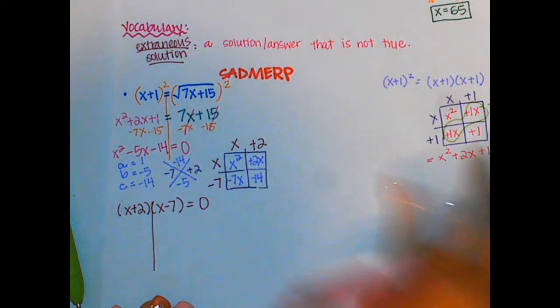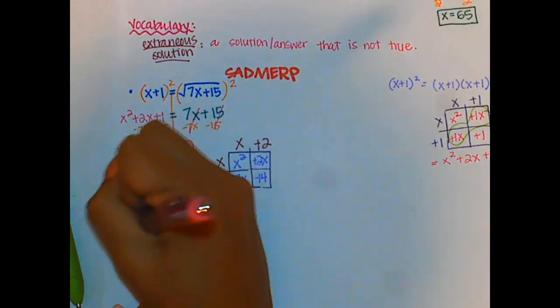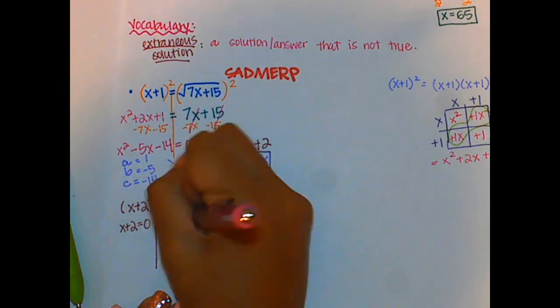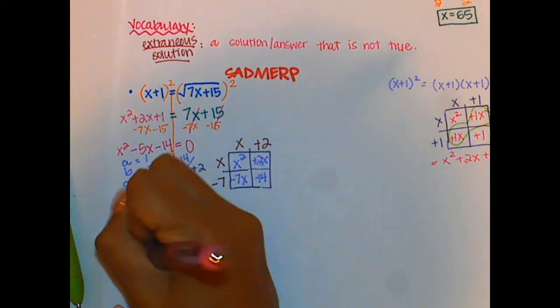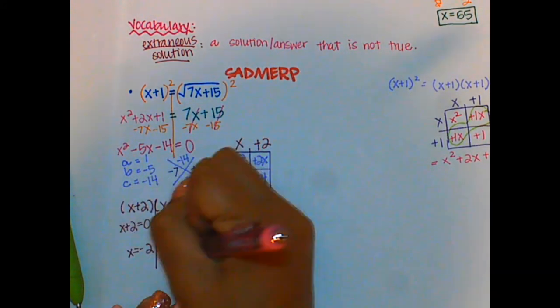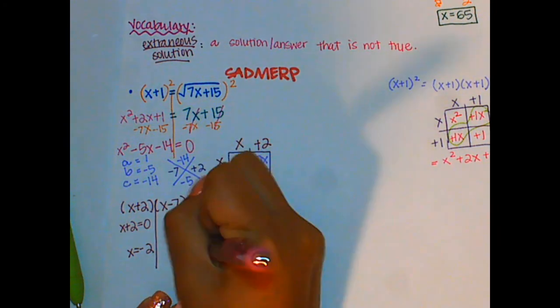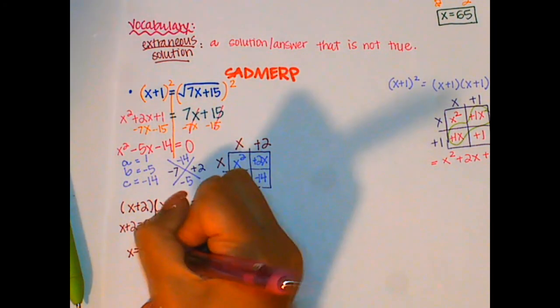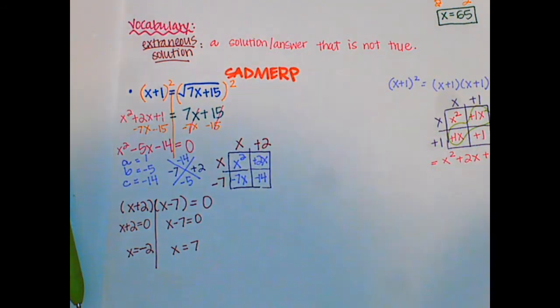And I can solve. X plus 2 is equal to 0, and then x minus 7 is equal to 0. So x is equal to negative 2, and x is equal to a positive 7. This is just going back all the way to, I think it was chapter 3, when we did this.